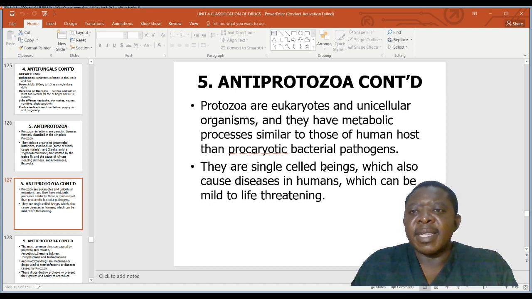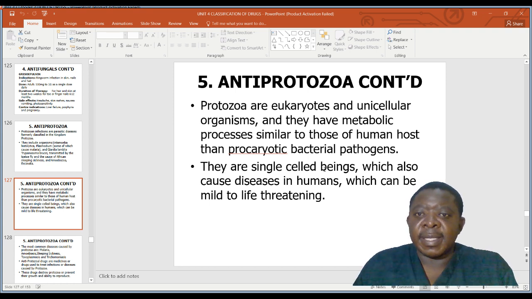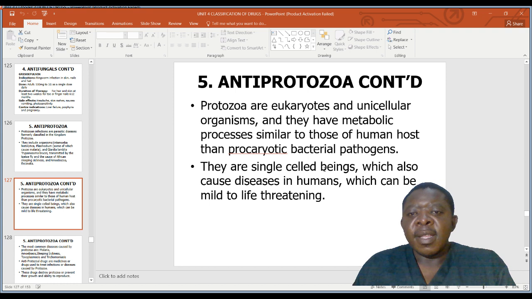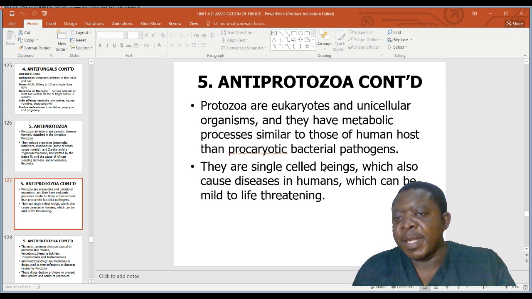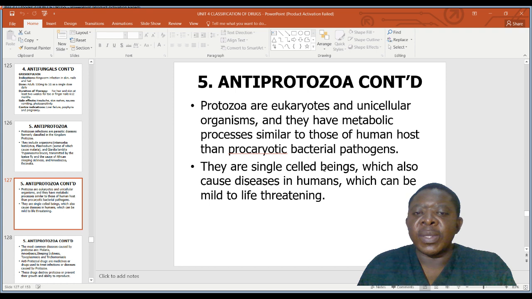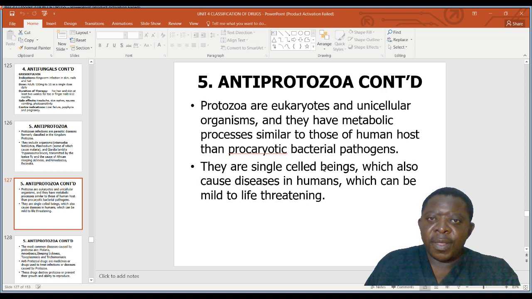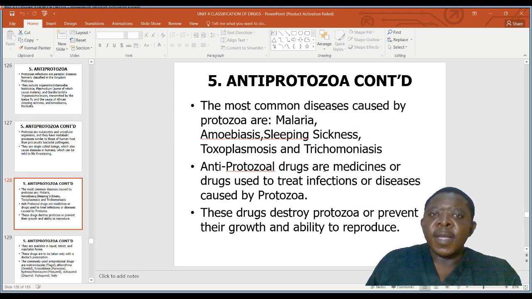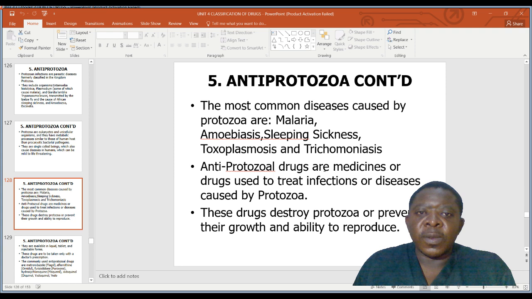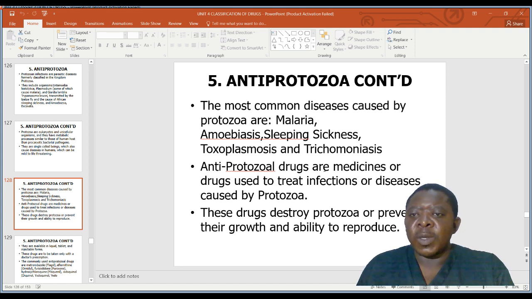So we have those protozoa, eukaryotes and unicellular organisms, and they have metabolic processes more similar to those of the human host than prokaryotic bacterial pathogens. They are single-celled beings which also cause diseases in humans, which can be mild to life-threatening. The most common diseases caused by protozoa are malaria, amoebiasis, sleeping sickness, toxoplasmosis, and trichomoniasis.